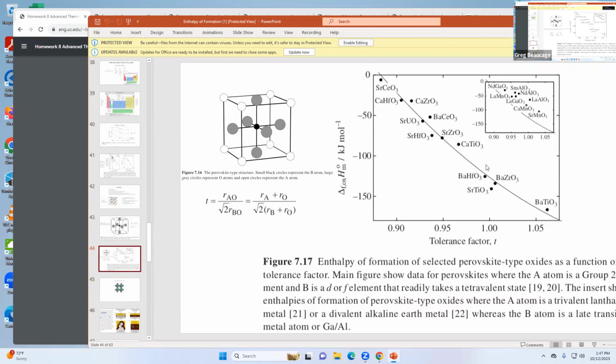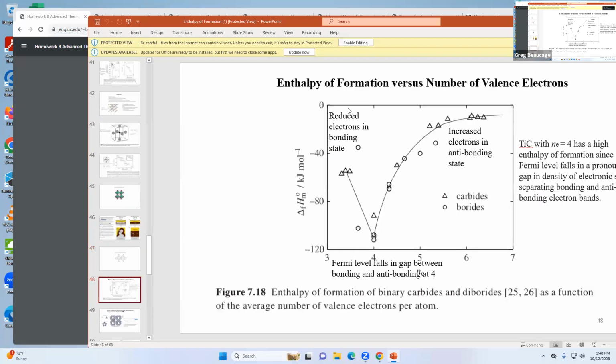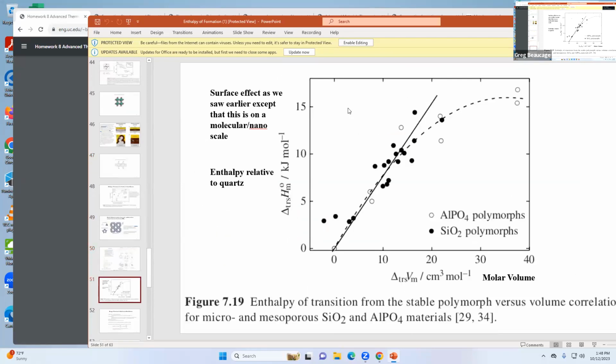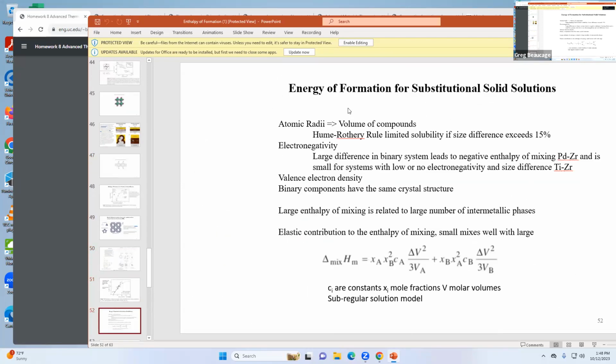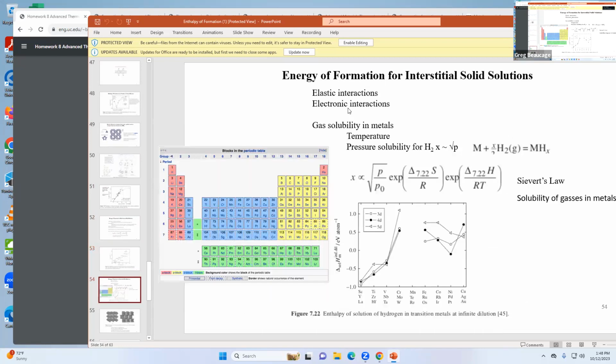If it's one, they're the same size, and then you can get smaller and larger, which changes the enthalpy of formation. The same goes for substitutional crystals, and also interstitial crystals. So there are size effects on the heat of formation that follow trends.